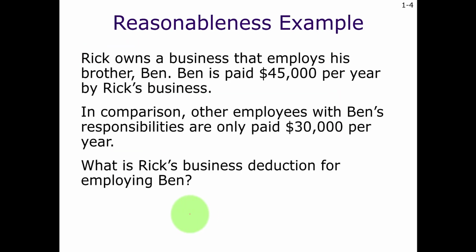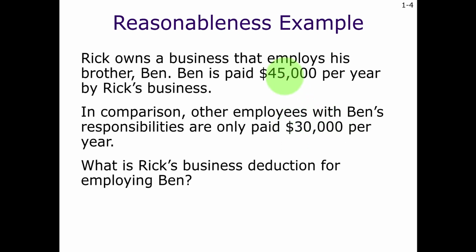So what's reasonable? We have an example. Rick has a business and he hires his brother Ben and pays Ben $45,000 a year. But for the same type of work Ben does, other employees get paid only $30,000. So how much do you think Rick can deduct when he pays Ben the $45,000? The so-called arm's length transaction amount, what you would pay an unrelated person, would be only 30.